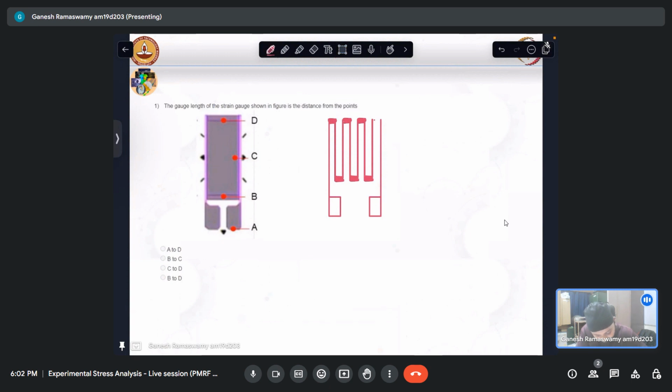So this thing is repeated like that, and it is connected. So why is this done? Essentially, as we will see in the subsequent weeks also, a strain gauge basically works on the principle of change of resistance brought about when a conductor is stretched. Now if we want to measure strain at a point, naturally we cannot accommodate a longer conductor.